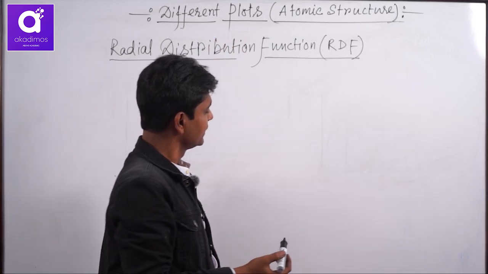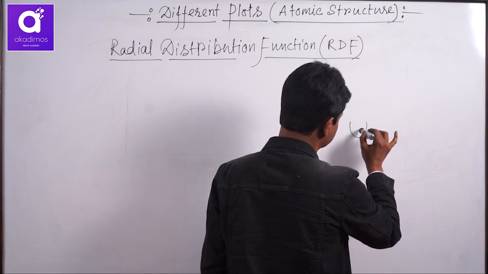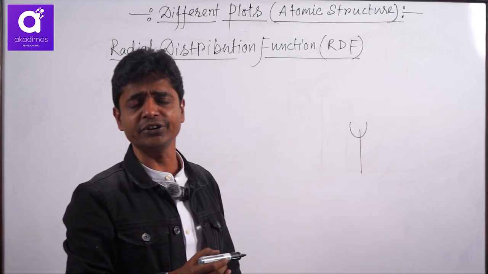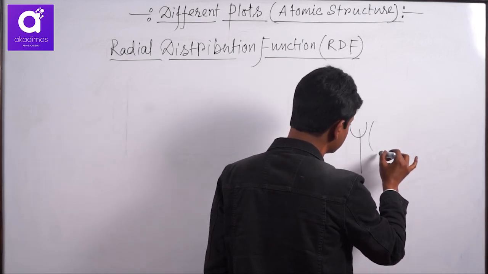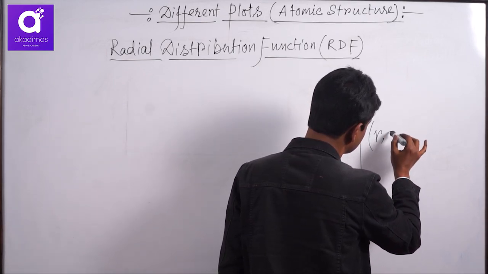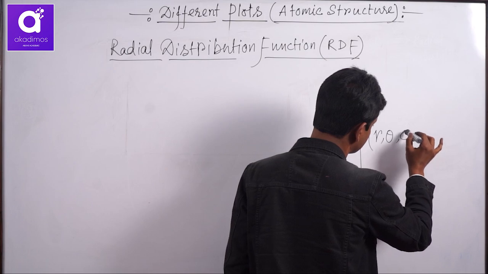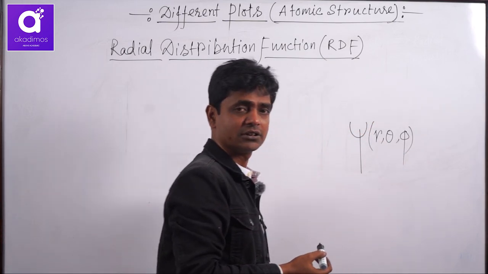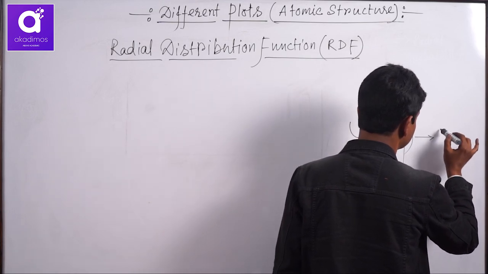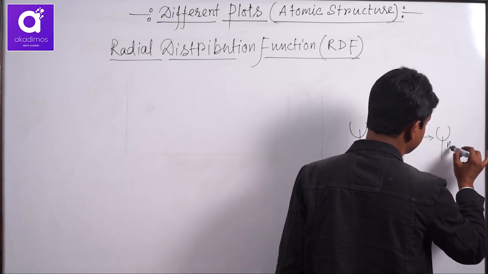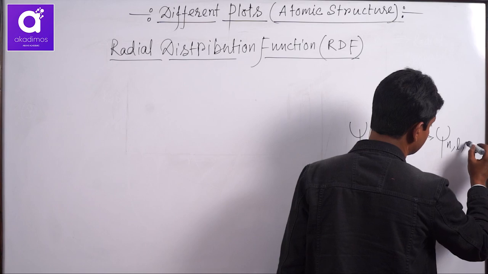You know, psi is a wave function, a complete wave function of an electron, and it is a function of r, theta, phi. Someone can write it in terms of quantum numbers, psi n, l, ml.